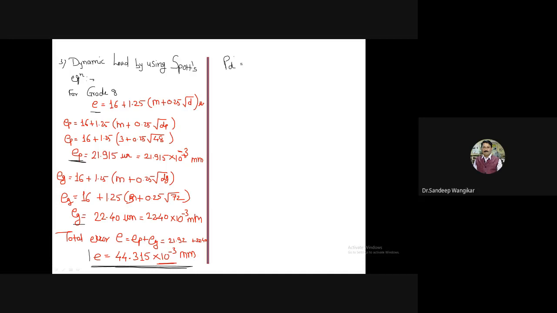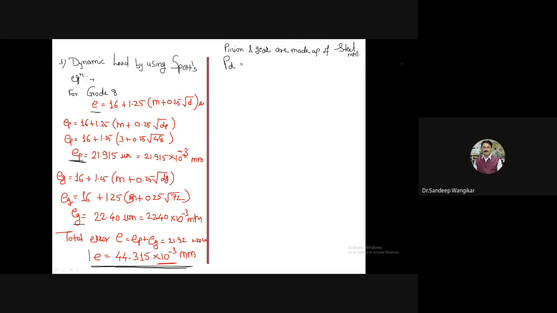So in our case, I will write down here: pinion and gear are made up of steel material. It is very important. The three formulas are based on pinion and gear made up of steel, both made up of cast iron, and pinion made up of steel and gear of cast iron. So based on this, the formula will change accordingly.